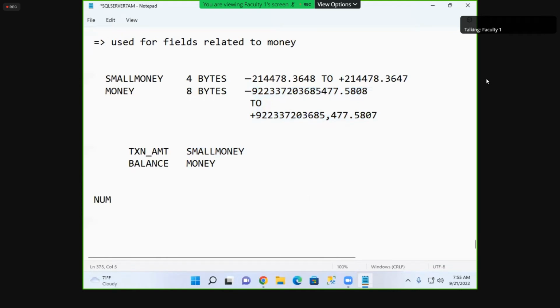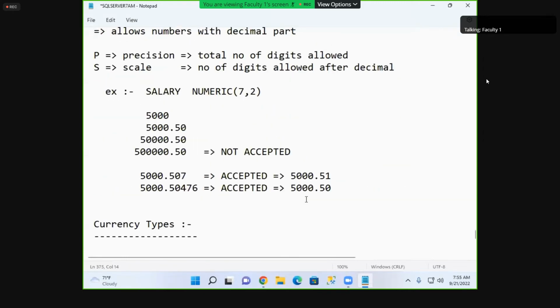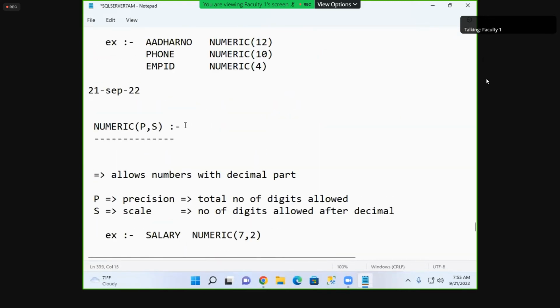For floats we have numeric(P,S). Otherwise, you can also use decimal(P,S). Both are the same. P means precision, S means scale. Either numeric(P,S) or decimal(P,S).